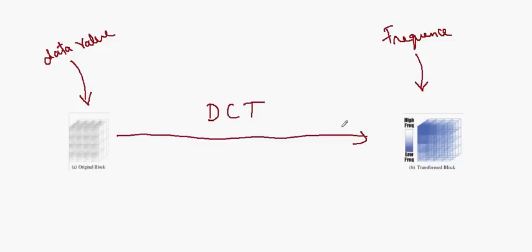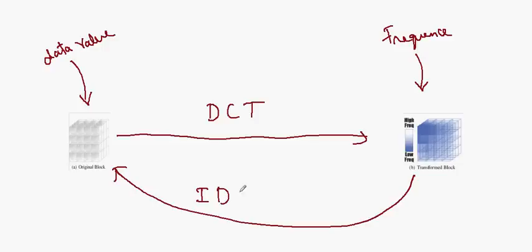This is the forward transform. If I want to do the inverse transform, then I will use the inverse discrete cosine transform. Now what is the fun in transforming to frequency and then getting it back to the data value? Where can we apply vector quantization?